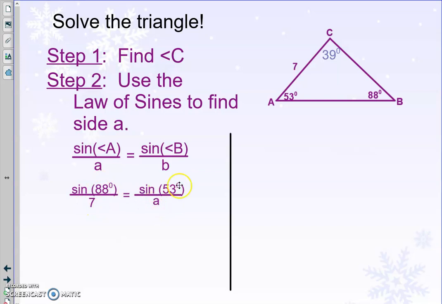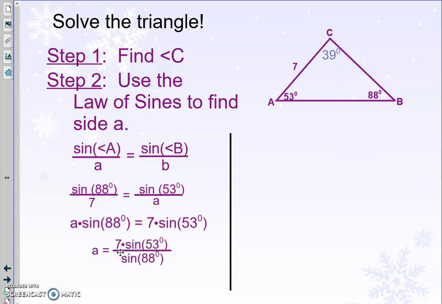Now, to find side A, we need the angle opposite A, which is 53 over A. And now it's just a matter of some algebra. I think the first obvious thing we're going to do is cross multiply. And then to solve for A, we're going to divide both sides by the sine of 88. And there we go. We have A all by itself.